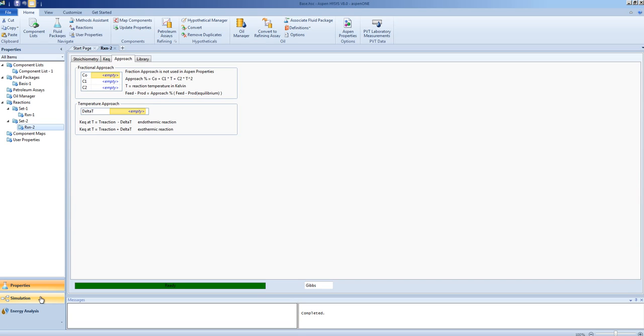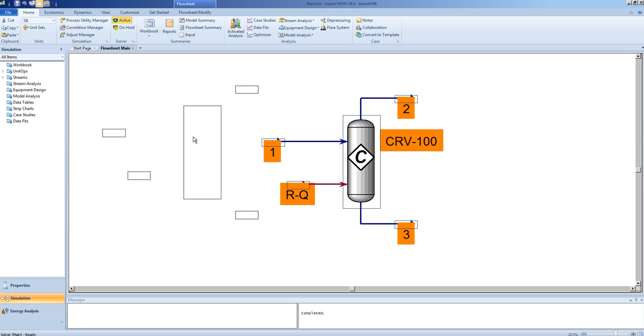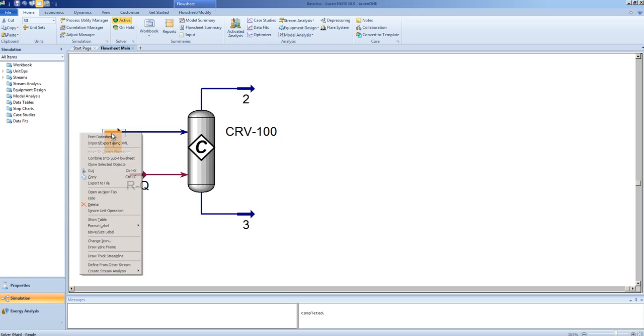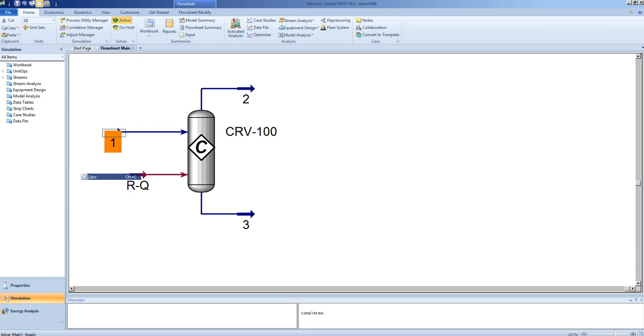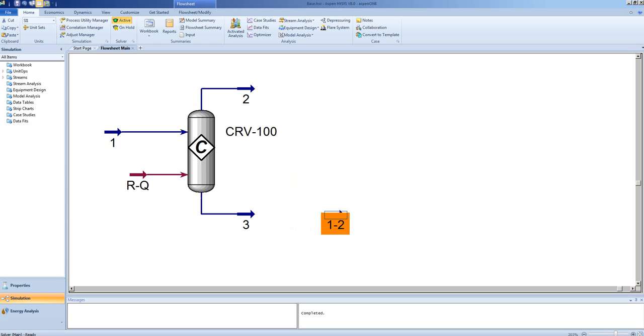So, we go to the simulation environment and we are going to add an equilibrium reactor. We shall copy the entire stream data for the feed, or for stream 1, and we shall paste it.